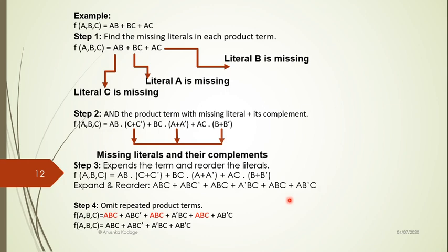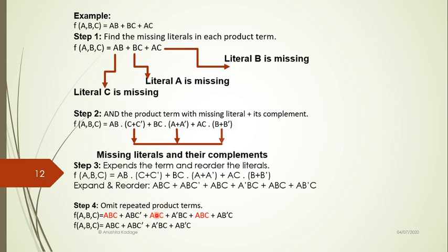Now the terms which are repeated, we are going to omit. Here in this expression ABC is repeated three times. So instead we write only one term, because we know that when a variable is ORed with the same variable, the result is that variable.